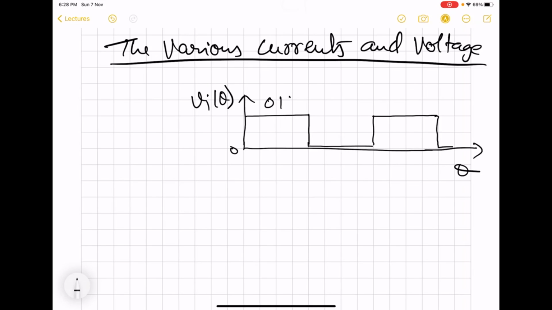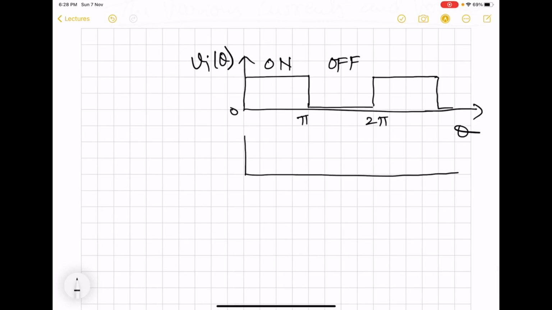So the switch is going to be on for this portion, and off for the second part. Now the most well-known current is the DC current, which will be flowing through the RFC, and it will have a certain constant value.